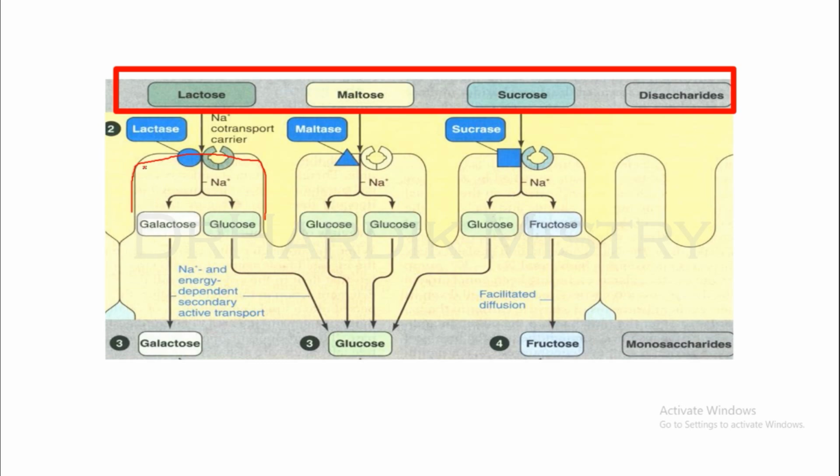This is the cell surface of the intestinal mucosal cells, where there are different enzymes which convert disaccharides into monosaccharides. Lactase converts lactose to galactose and glucose. Maltase converts maltose to glucose and glucose, so two molecules of glucose. And sucrase converts sucrose into glucose and fructose. So finally we have three monosaccharides: first galactose, second glucose and third fructose.